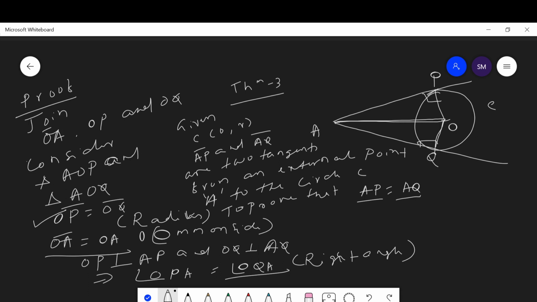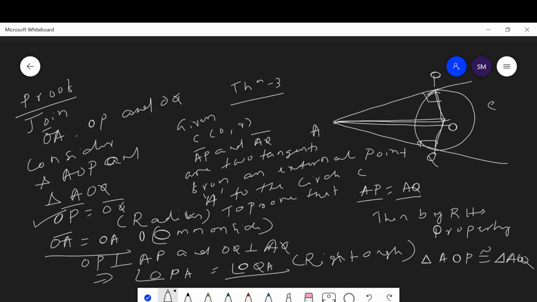Then by the RHS property, these two triangles are congruent. Triangle AOP is congruent with triangle AOQ.